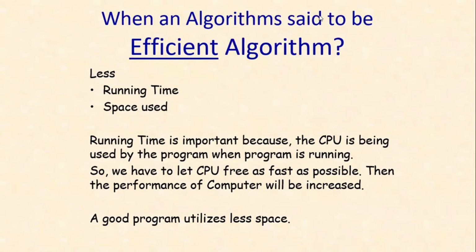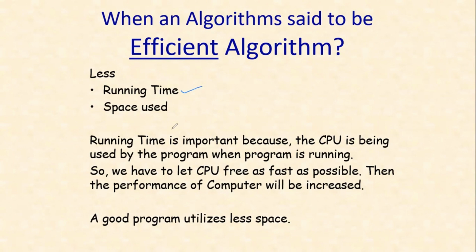When running time is smaller, it means you are utilizing a smaller amount of CPU's time, so you are not letting the CPU be busy executing only your program. You are utilizing very little of the CPU's time, which means the performance of the CPU will be increased, right?